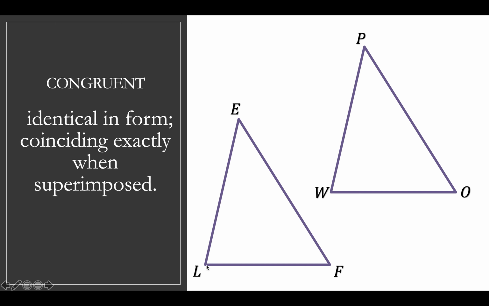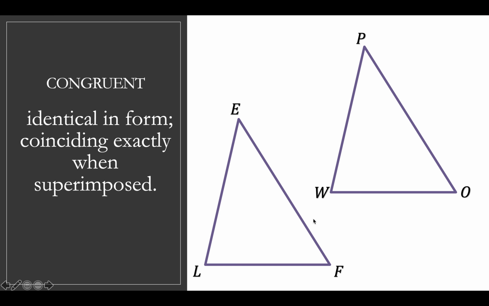All right, I would have to measure LE, this line segment here, and make sure that it corresponds exactly in length with WP, because these are corresponding parts of these triangles. EF would have to be equal to the length of PO, and WO would have to be equal to the length of LF.